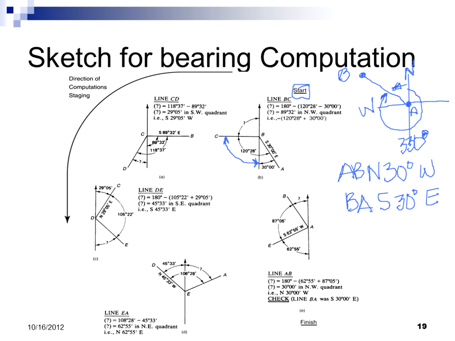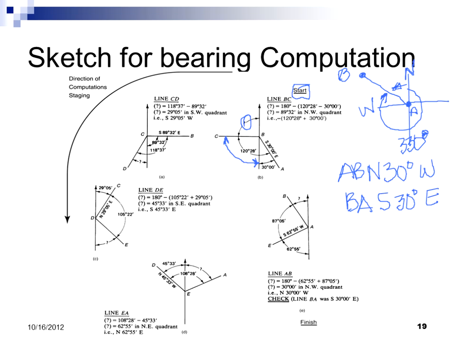If we subtract out the 30 degrees from the 120, that tells us this angle here. And then if we subtract that value from 180, we get the value of our bearing. So you can see that that's what they're doing here.